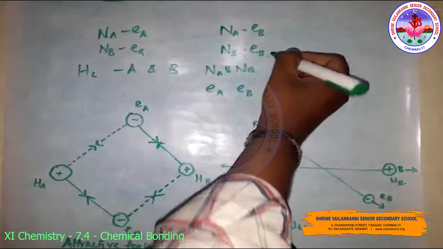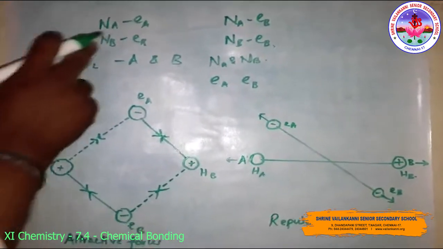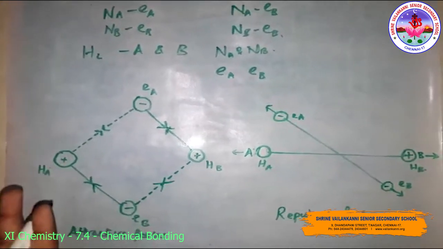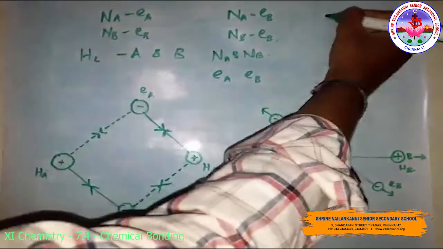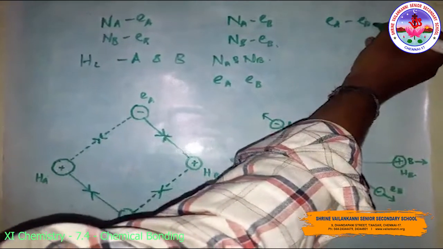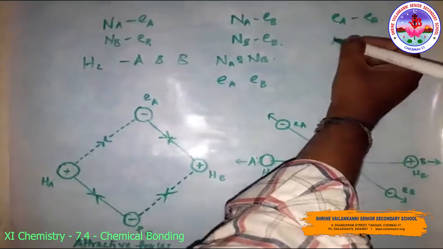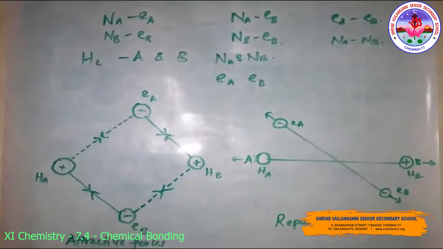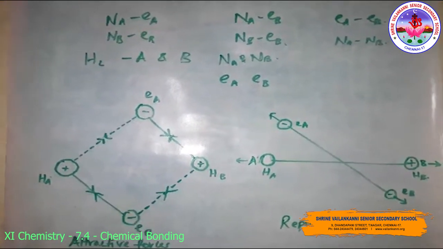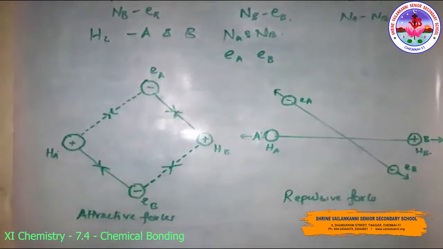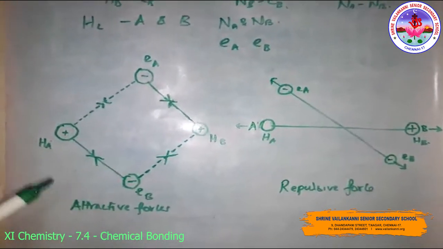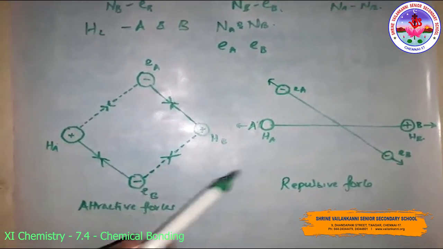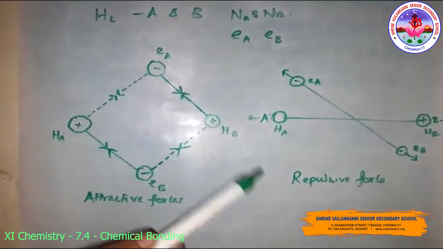This is for the attractive force. The repulsive force arises between the electrons of the two atoms, Ea minus Eb, and the nuclei of the two atoms, Na minus Nb. The attractive forces tend to bring the two atoms close to each other, whereas the repulsive forces tend to push them apart.